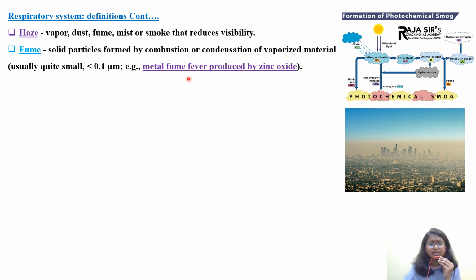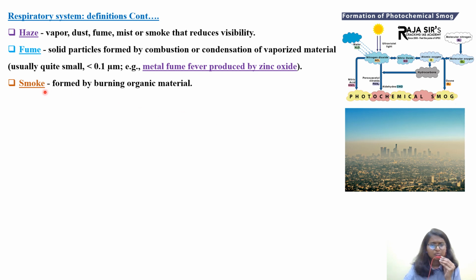That is also related to a metal: industrial workers working with a certain metal for a long period of time face occupational hazards. In that case, mercury exposure from mercury-containing hats causes mad hatter disease. Similarly, metal fume fever is caused by zinc, and some other metals are also responsible for causing it.